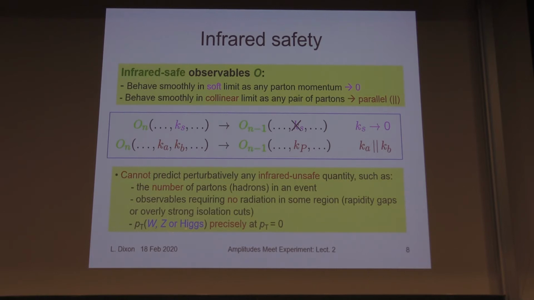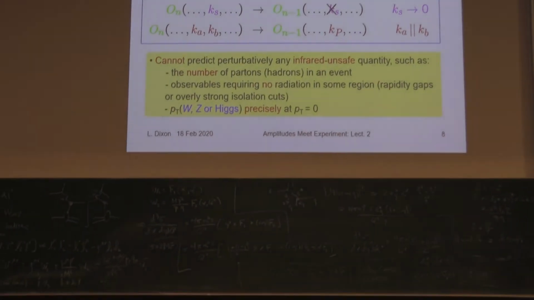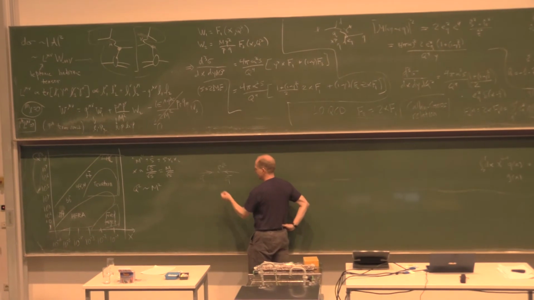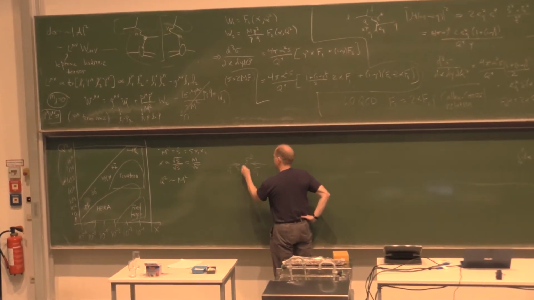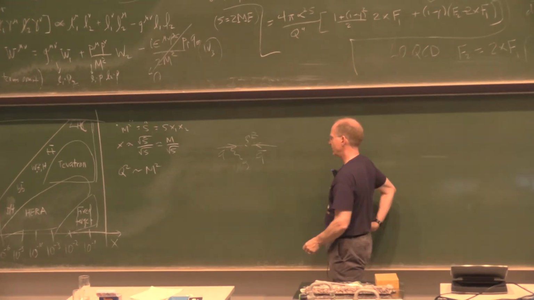Another thing that you can't predict is the production of a particle like a W or a Z or a Higgs. These are all colorless particles, and they're produced by the collision of two partons. For example, q qbar makes a Z. But this Z has a generic momentum parallel to the beam, but also could be perpendicular to the beam. The distribution becomes very singular if you ask for distributions with pT near zero.